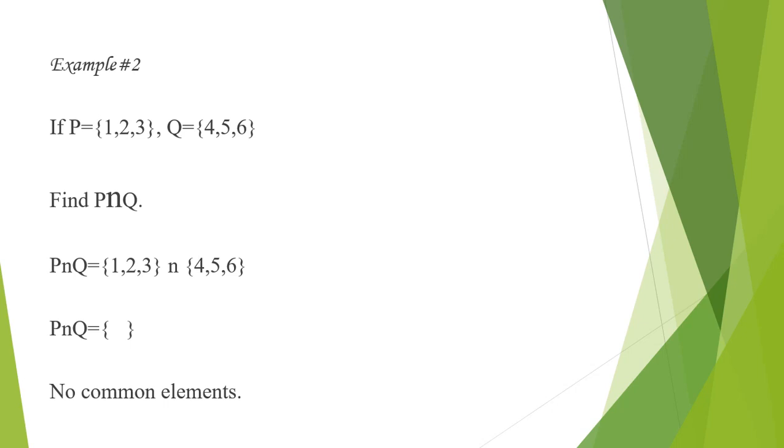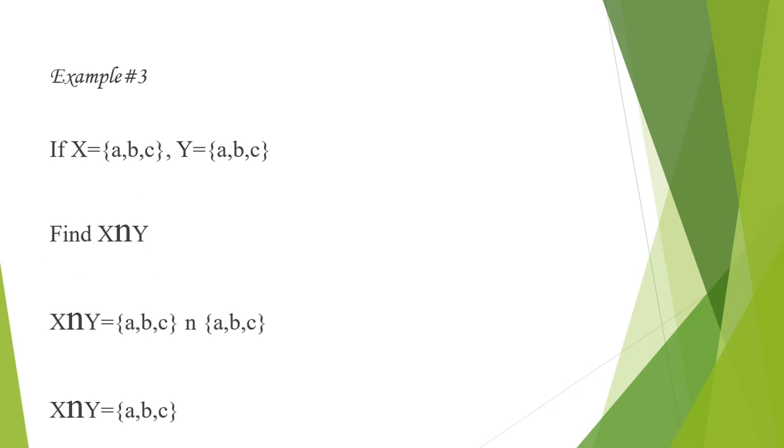Okay, follow the rule. Now the last example, if X equals A, B, C and Y also has A, B, C. Now in this situation what will we do? Yes, distinct objects. That means we are not going to repeat the elements again and again. We are having equal sets. They both are equal.